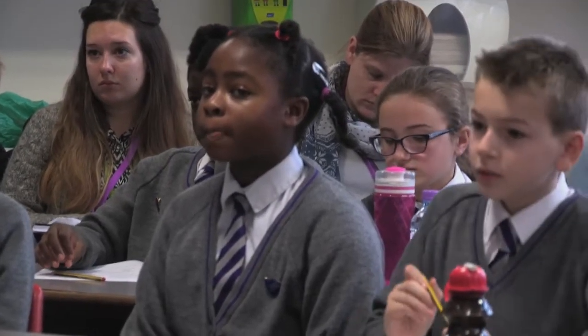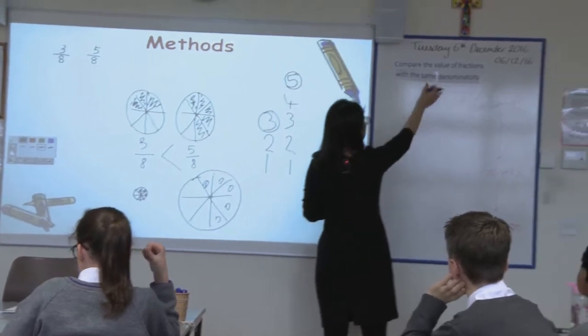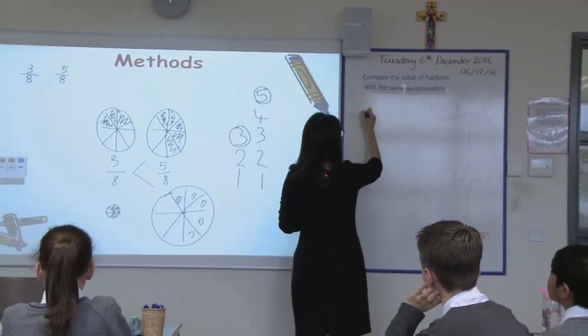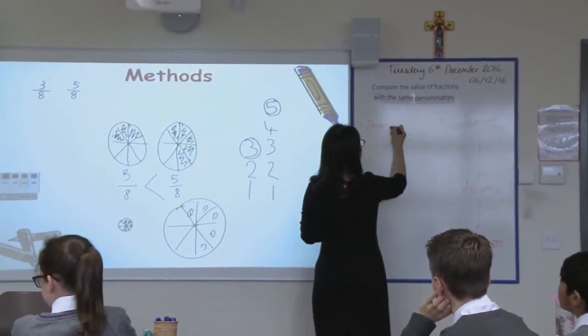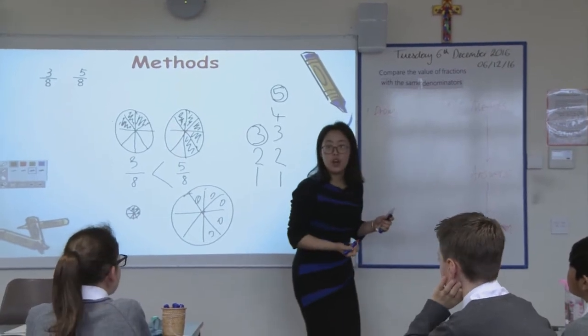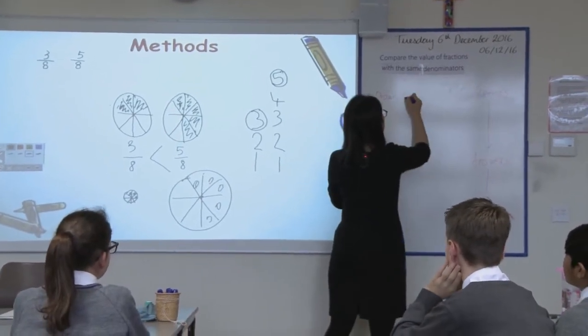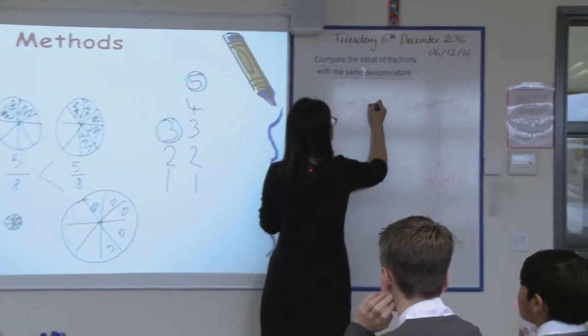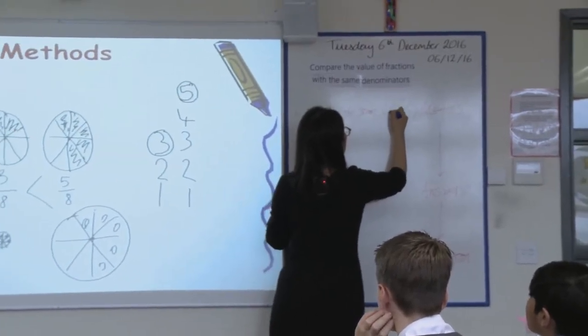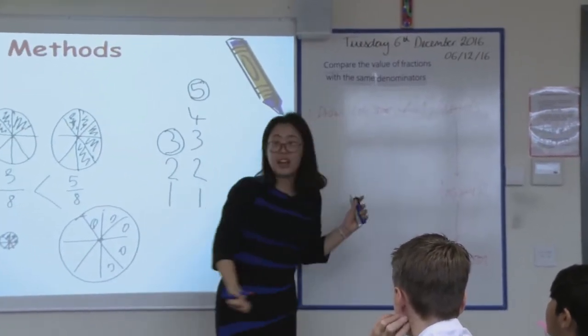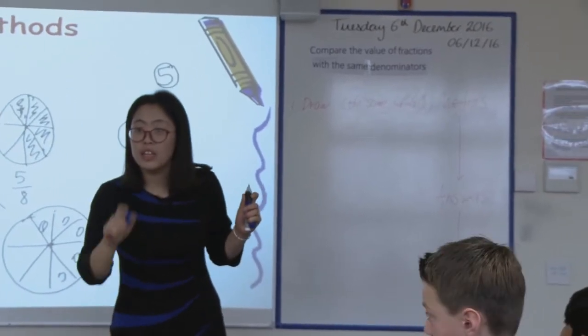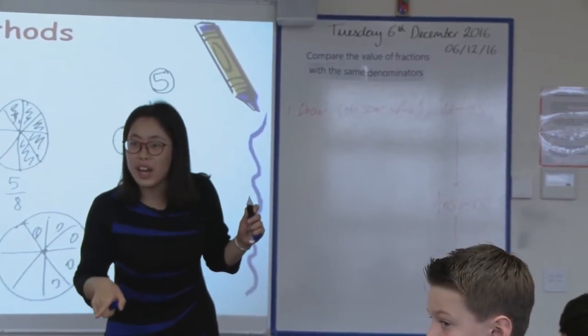Okay, the first method to compare this is draw. When we draw a picture, we have to pay attention to the same whole and divided it into equal parts, right?